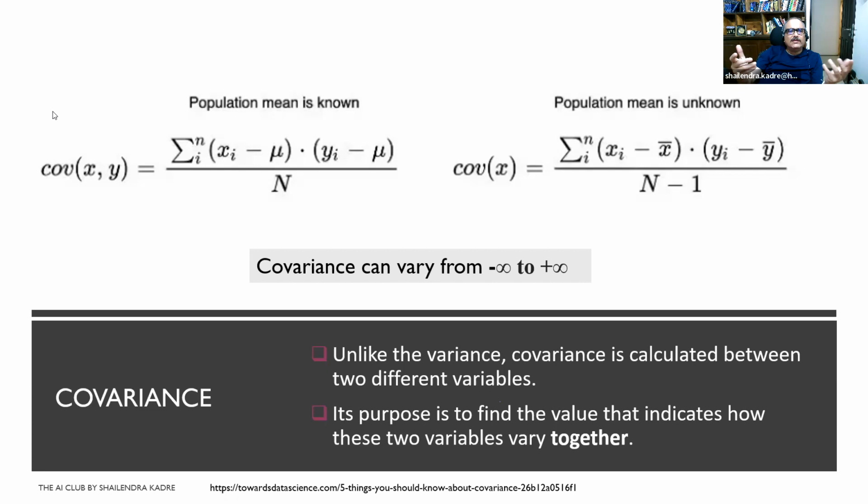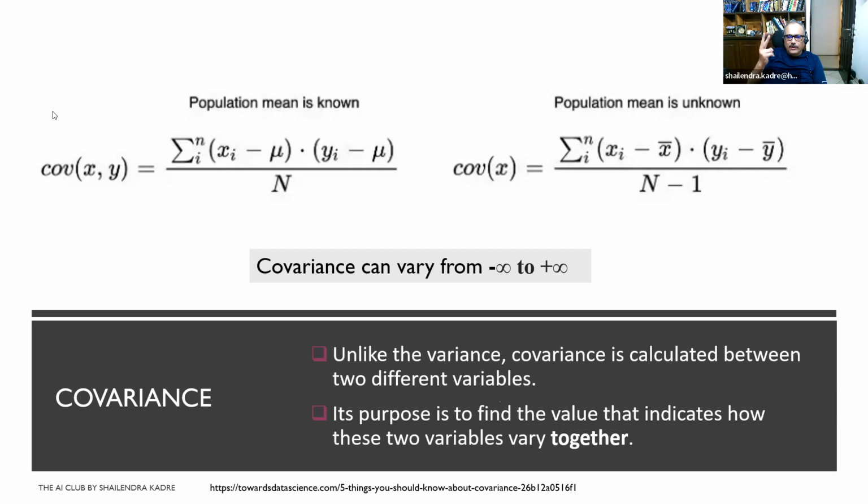So if there is a large covariance, I cannot say that variation is large, because somebody might have measured height using the millimeter unit instead of meters. So my covariance number will come very large. So I need some more reliable unit.